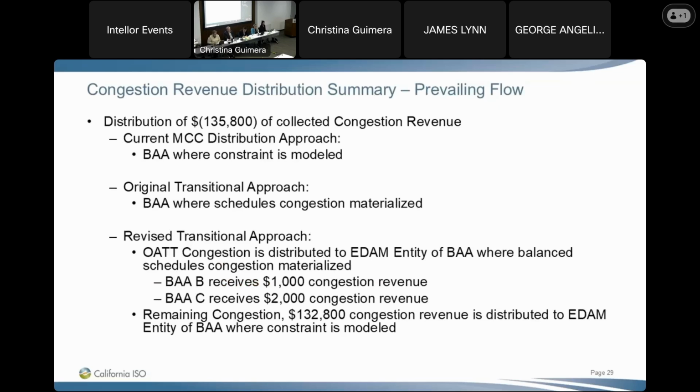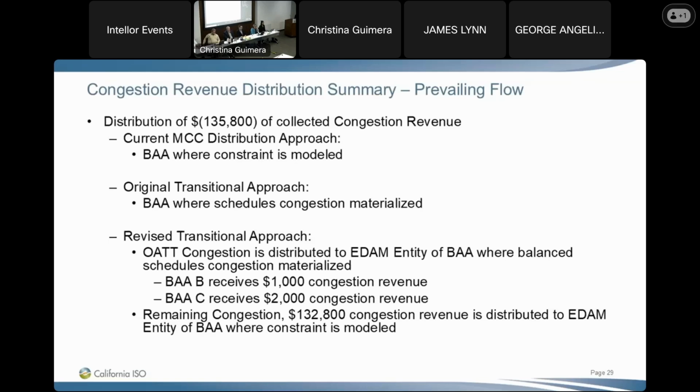BAC will get $2,000 because that represents the $20 marginal cost congestion price times the 100 megawatts that was self-scheduled for OAT. The rest, the $132,800 balance, is going to the balancing authority where the constraint is binding, and that's BAA. So we are retaining the concept of the original EDAM proposal, saying if I'm not exercising my rights, that congestion revenue goes back to the BA where the constraint is modeled.